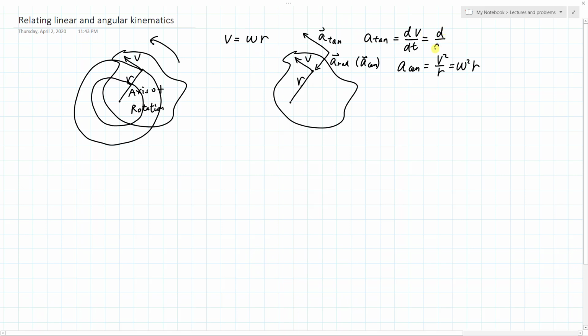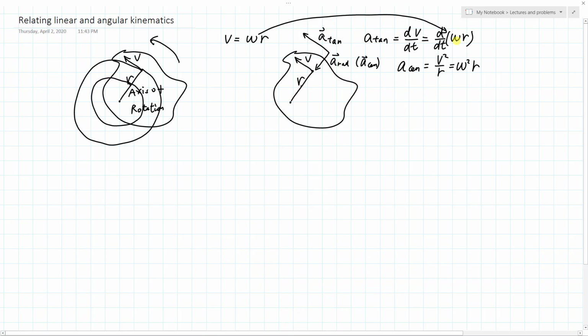So let's see how that works. d over dt, taking the derivative with respect to time, of omega r. Right, that is according to this. So let's have this line here indicating we got it from there. We know that the radius is not changing because this is a rigid body, and if we pick the point, it's just like putting a pin on a piece of paper that I cut out in this shape. That pin doesn't change its radius from the axis of rotation, so this radius is constant in time.